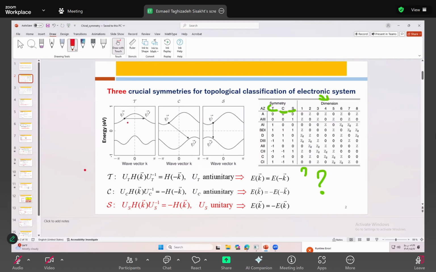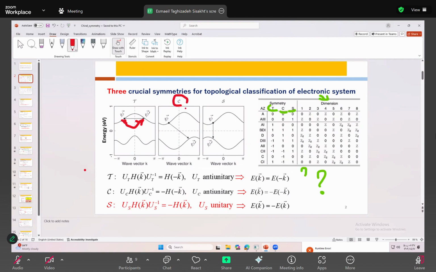If we look at the band structure of the system, then for a state at a defined K point, the other state at the minus of the previous K point, the relation between these two states is applied by transversal symmetry.